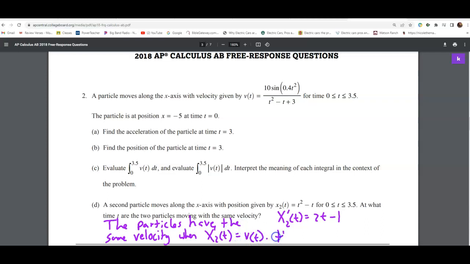This occurs at t equals, and now I've got to find the answer. And like I said, the way I'm going to do that is I'm going to graph this function and this function on the same window.